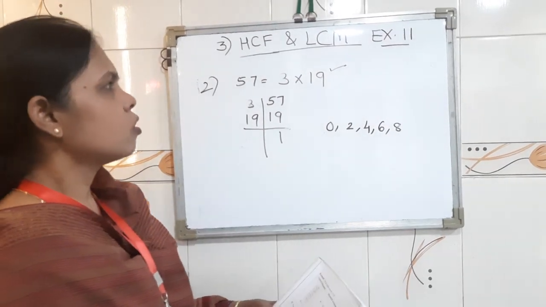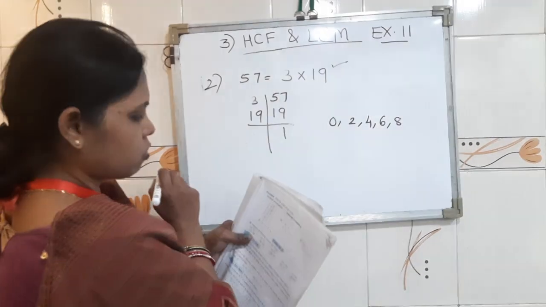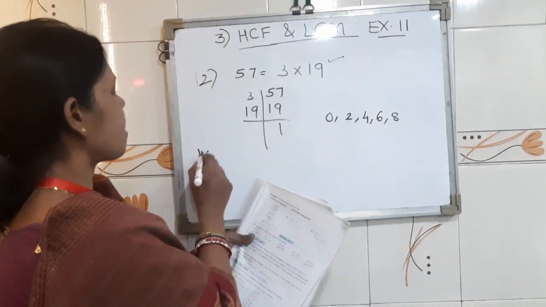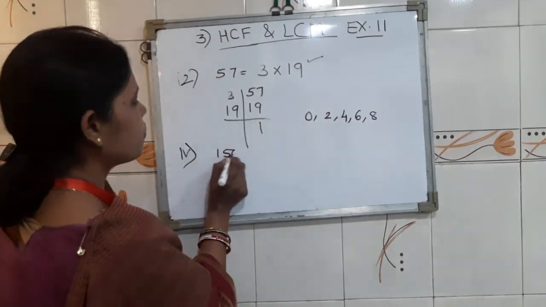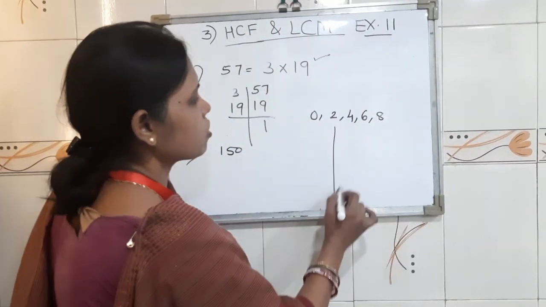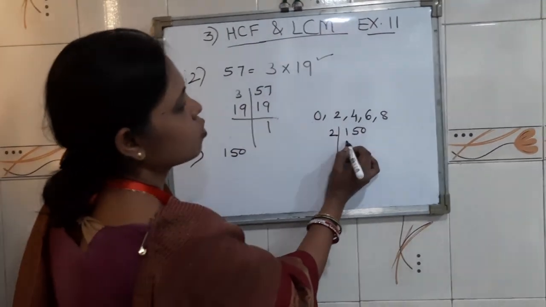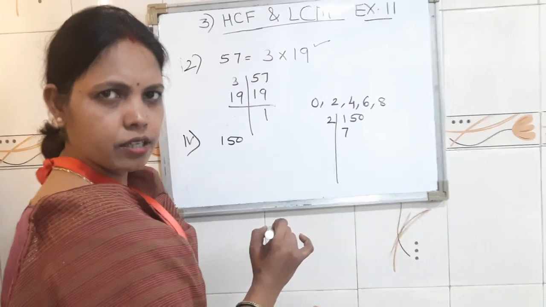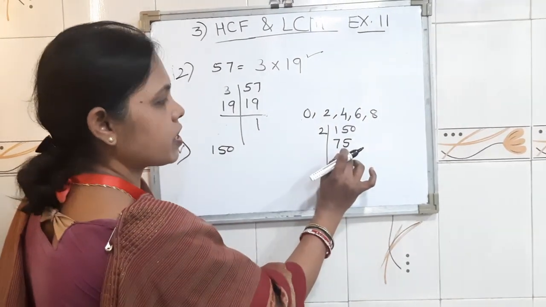Now we will move to our bigger number. That is the next one, question number 4, that I am going to solve: 150. For 150, first we will find out the prime number for 2. 2 7s are 14, 2 5s are 10. Next 75.